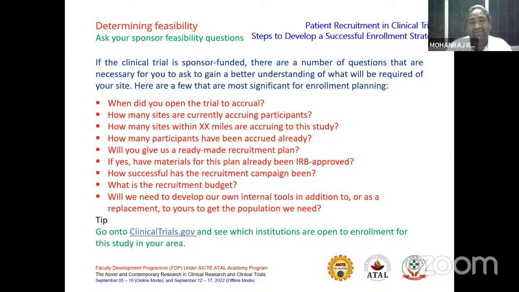And the very important thing, what was the budget in the last financial year of any other studies performed there. So the sponsor has to go for a thorough auditing of all the liable factors.